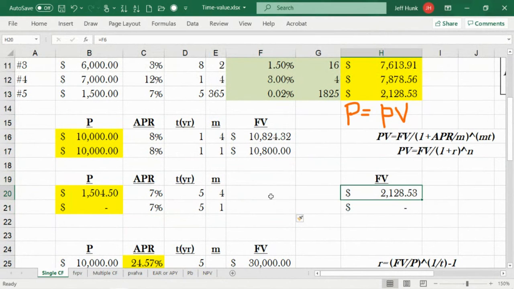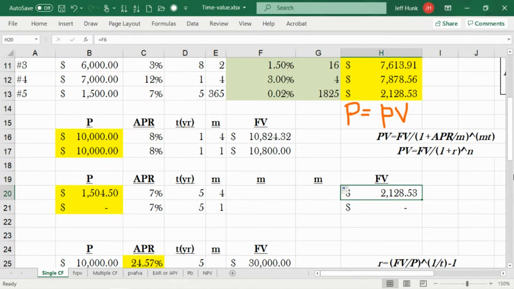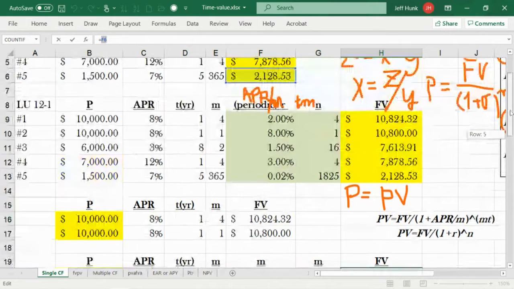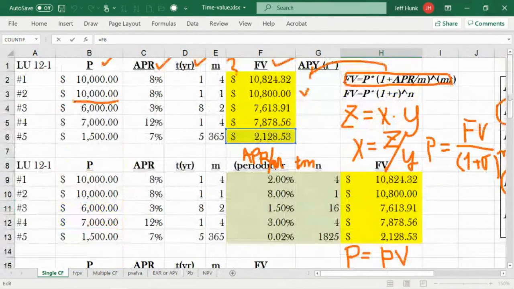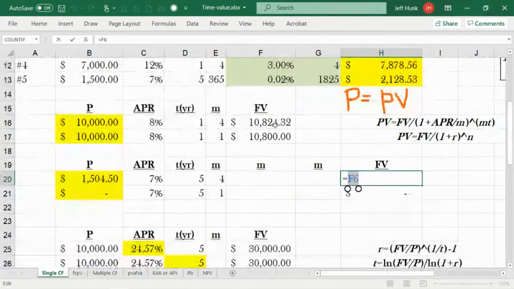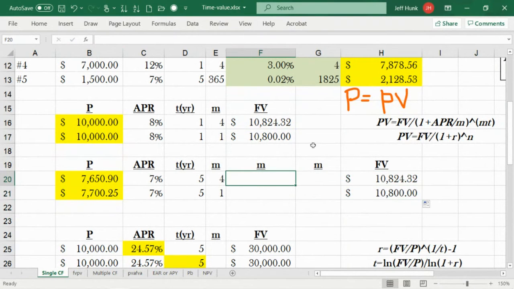Okay. And then that's not right. It's got a point 2. Okay.